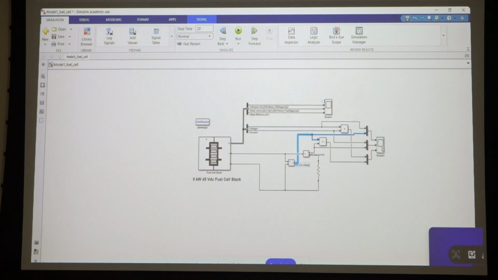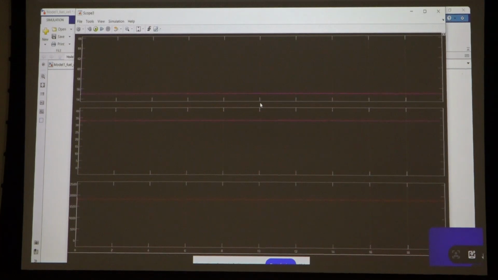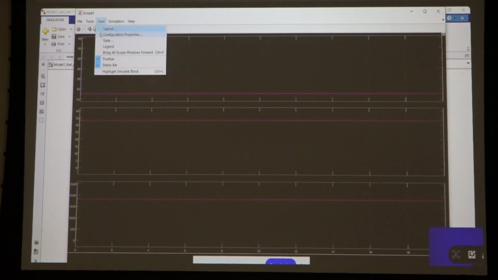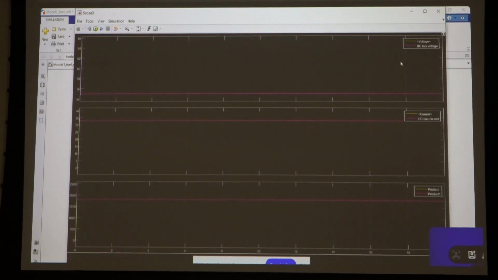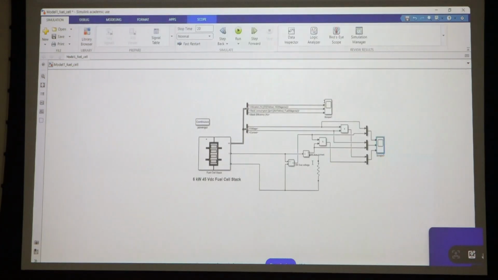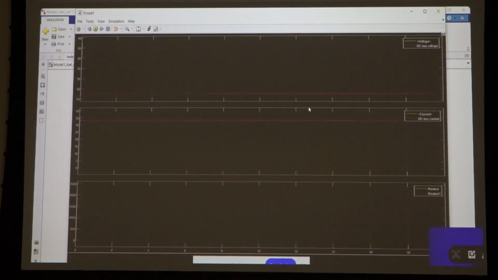If we go to the first channel only, if we put here a legend, you see the voltage across the load and the voltage of the stack are the same, because it is 45 volts and this load is connected in parallel with this terminal. That is why we can observe the same voltage from here.